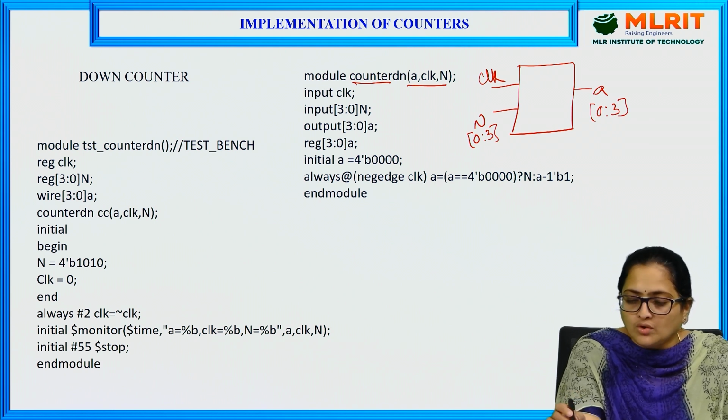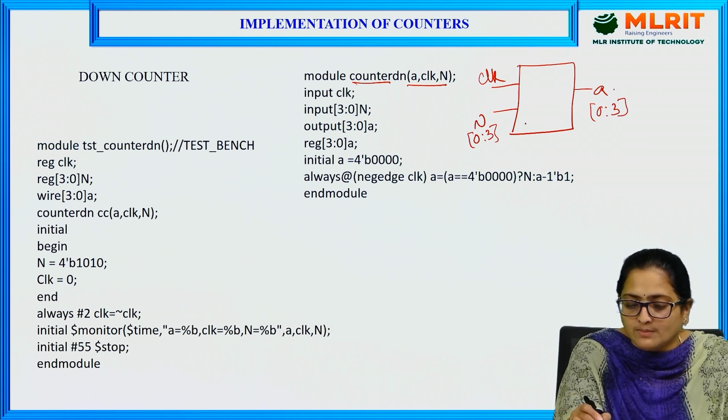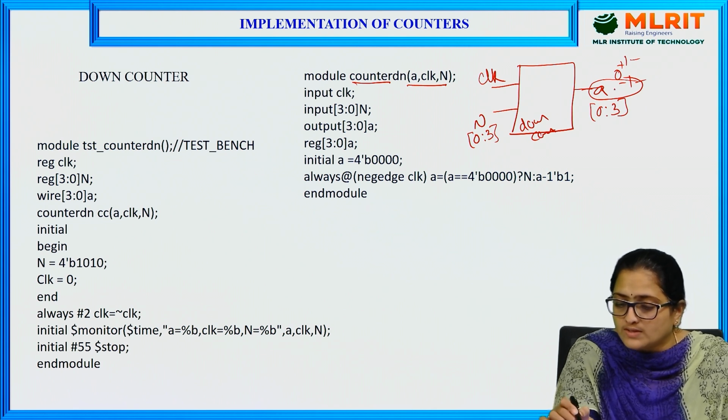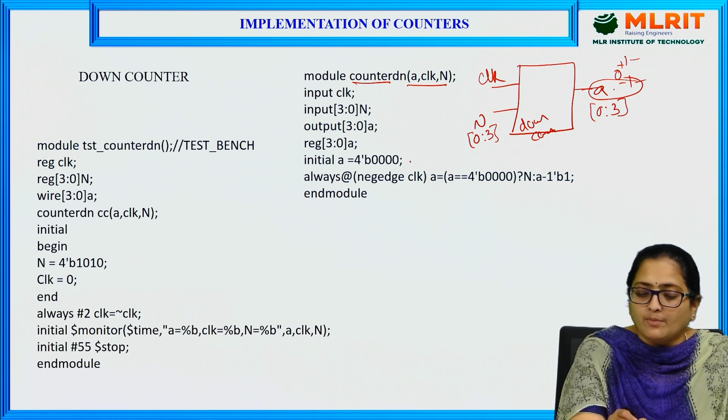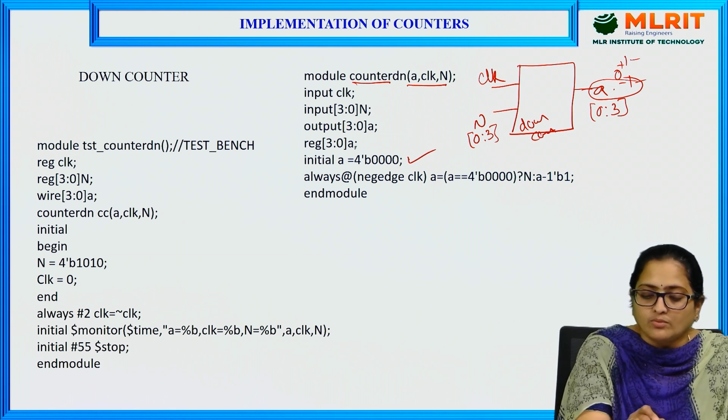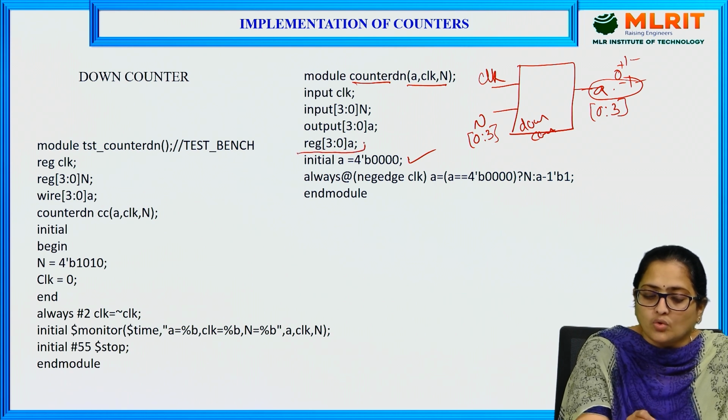And as I want to store the A value, because whether it may be an up counter or a down counter, your counter always starts with 0, and either it has to increment by 1 or decrement by 1 depending upon the up counter or down counter. So to ensure that your output value is 0000, I am presenting the A value with a 4-bit binary value of 0000, and this has to be stored in A. So I am using a register to store a value.